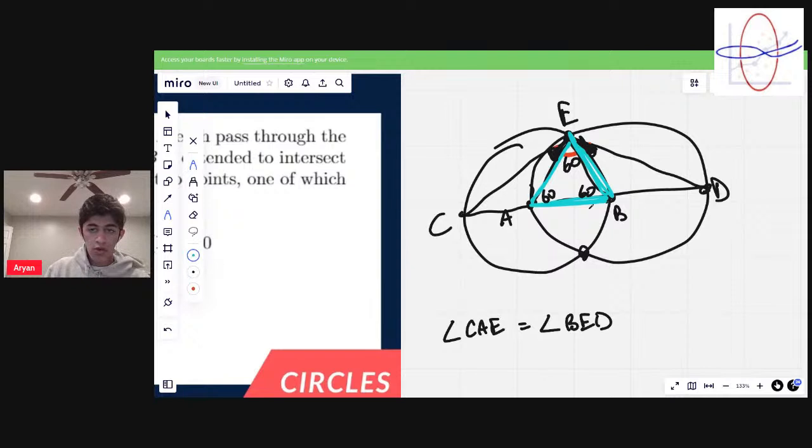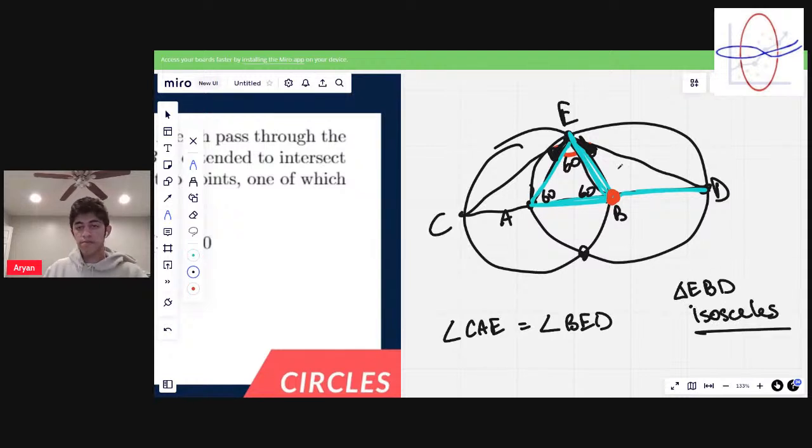So now let's go back to our idea of radius. We know that BE is a radius, so that means BD is also a radius, right? Because remember, B is the center of our circle. If we draw this, that's a center. So that means triangle EBD is isosceles, because two of the sides are the same.